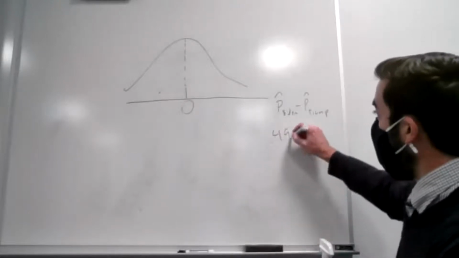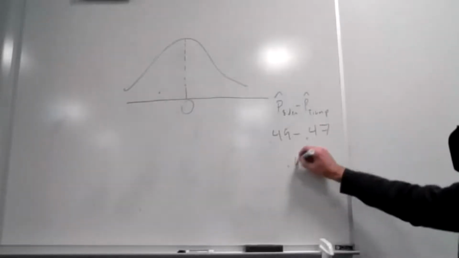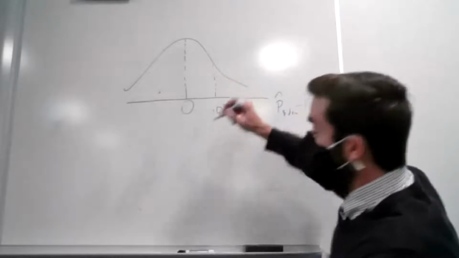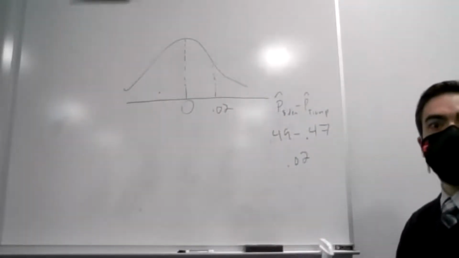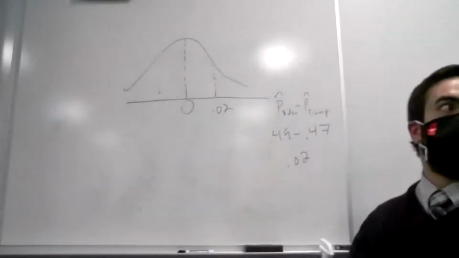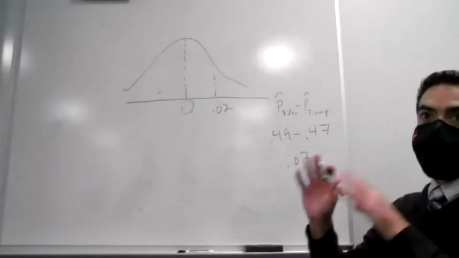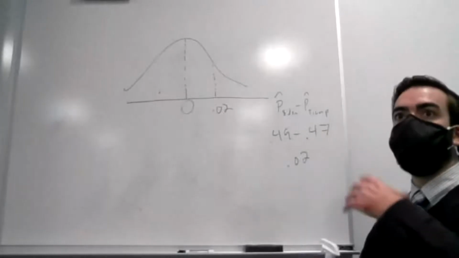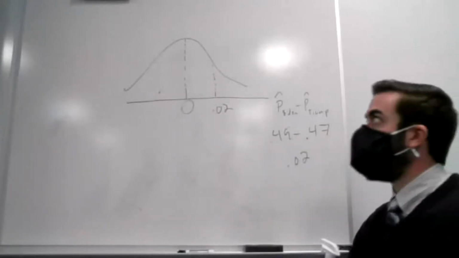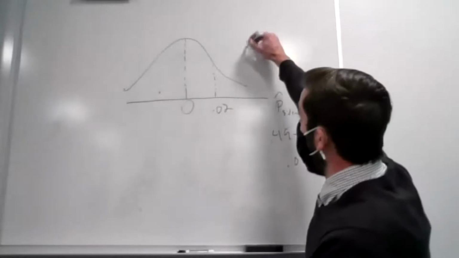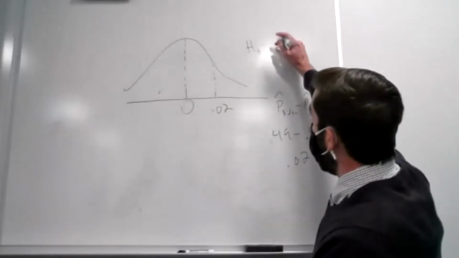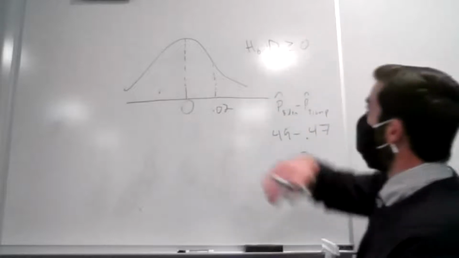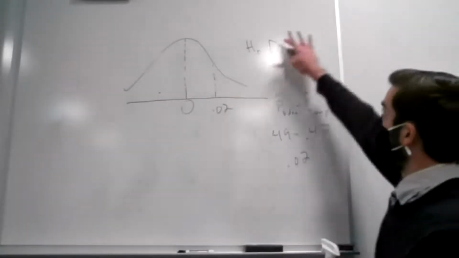I think it was 0.49 and 0.47, so the difference we found was 0.02, which for a right-tailed test is interesting. It goes against our null, but does it go against our null enough that we can actually reject that null hypothesis? Recalling that the null was that the difference was, no, not greater than or equal to 0, sorry.